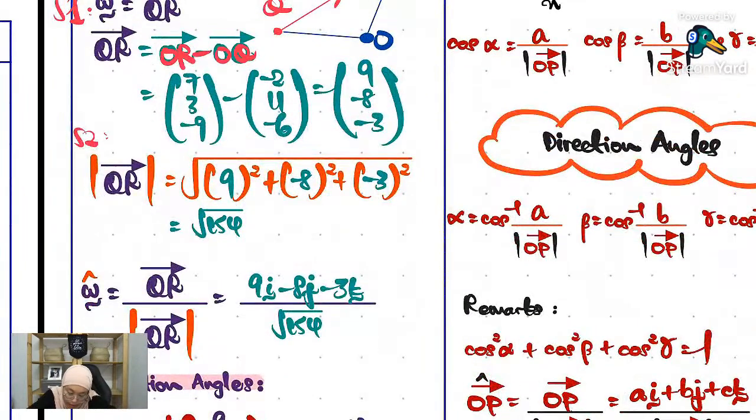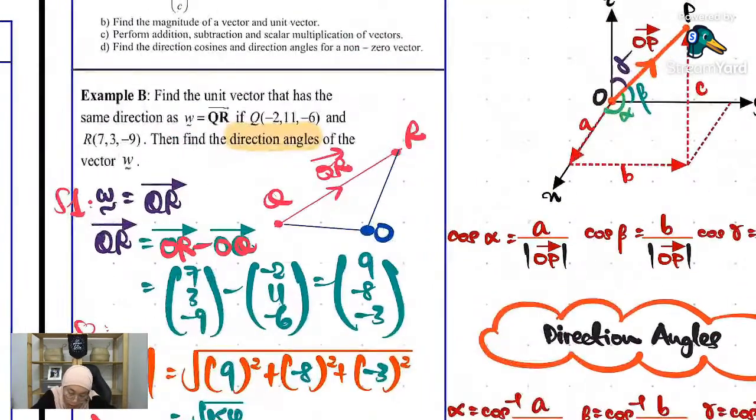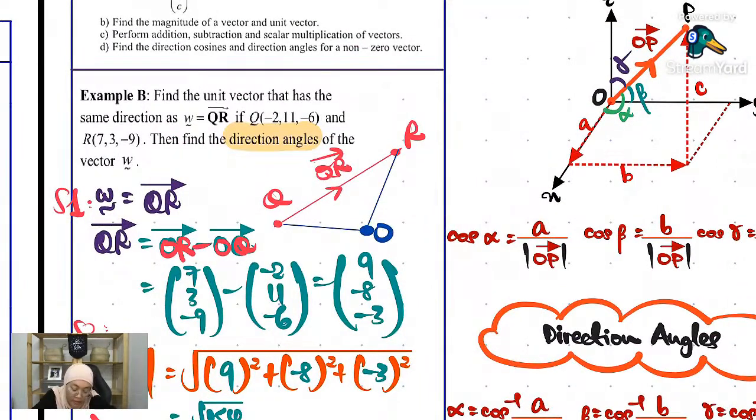That's why I am trying to find QR hat here. So basically this is QR hat. We have to find the unit vector, don't forget this. Because my students before mostly forgot the unit vector. This is what we always forget: we have to find its hat.